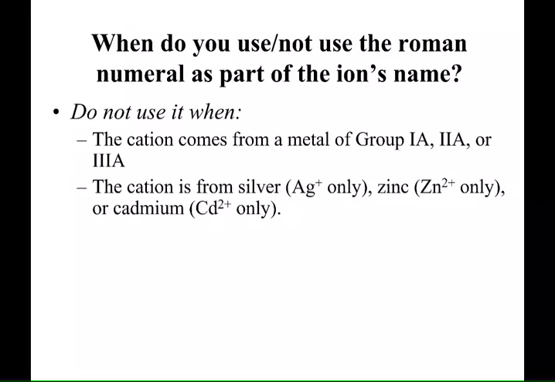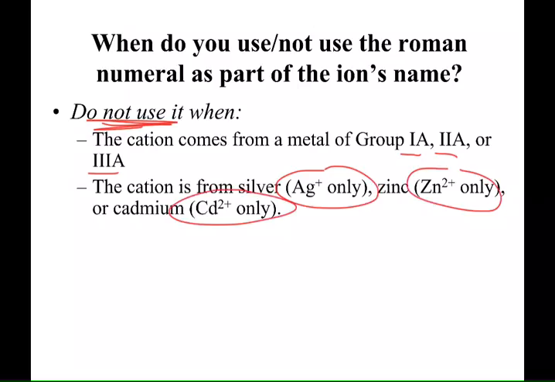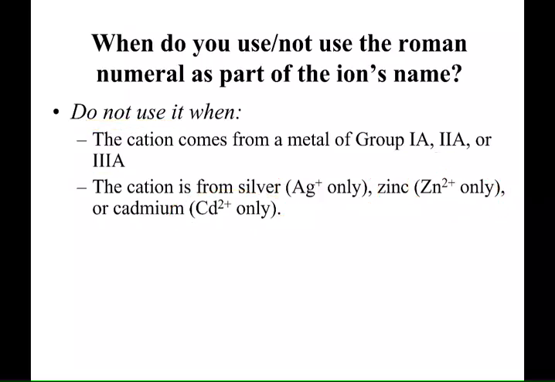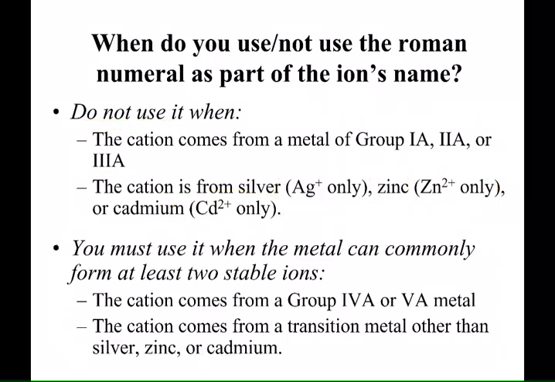So to summarize, you do not use Roman numerals when it's a 1A, 2A, or 3A, because you can hang your hat on that, and you can also hang your hat on these kind of sleepers, these embedded 3 transition metals. You always have to use Roman numerals for everything else. Even if you're like, well, I think there's only one cationic form. Nope, you still got to use Roman numerals. So the next couple of slides talk you through that.